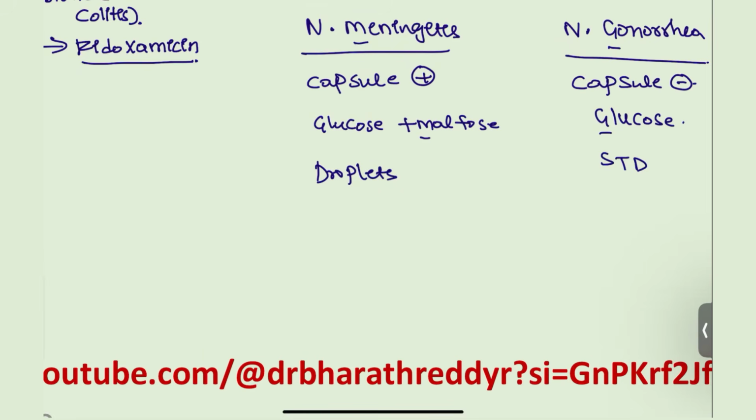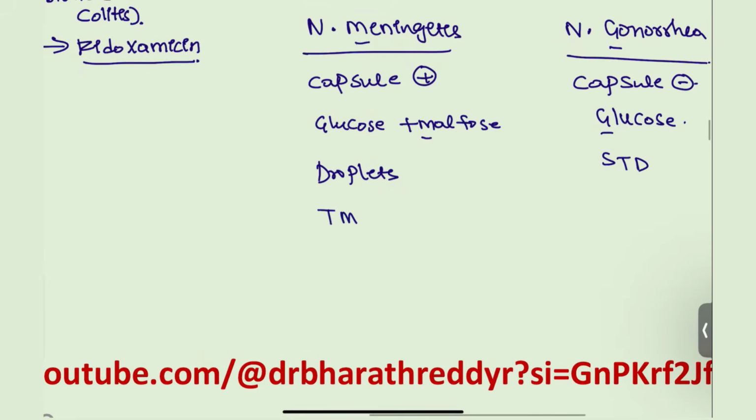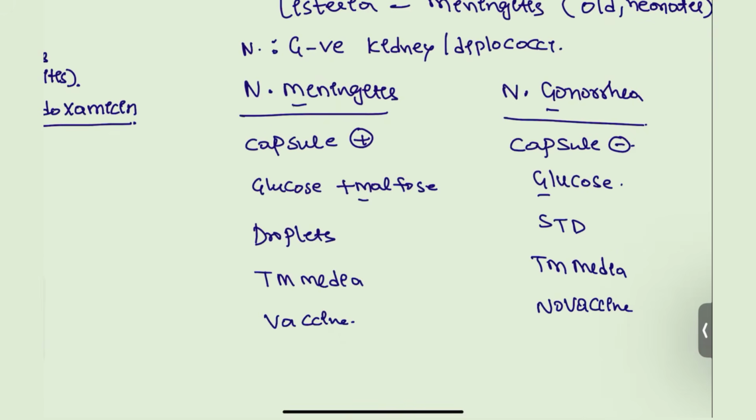Whatever the media, both will have Thayer-Martin media. Here also you are going to see the Thayer-Martin media. Okay, and there will be no vaccination. We don't see any vaccine for gonorrhoeae, but there is a vaccine present for meningitidis, right? Meningitis is very deadly, such that patients can even die from this meningococcus infection.